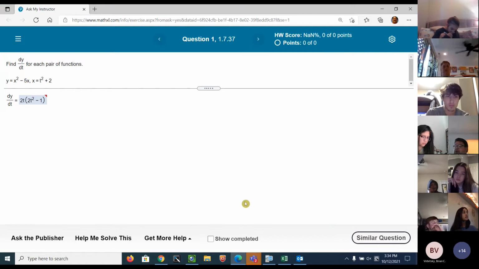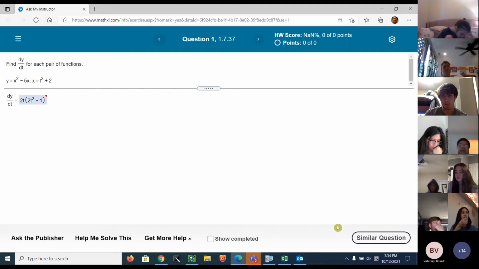Okay, we did one of these in class. Okay, they want dy dt. So they want the derivative of y in respect to t. So y is equal to x squared minus 5x. But we don't want x. We want t. So x is equal to t squared plus 2.